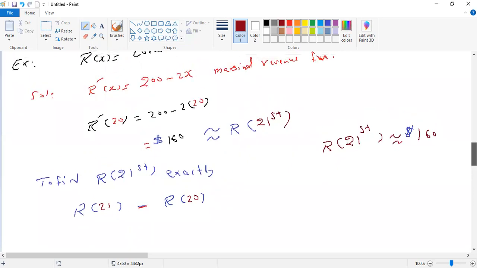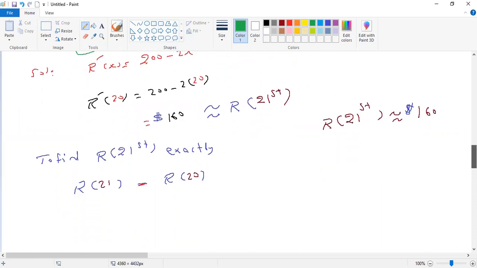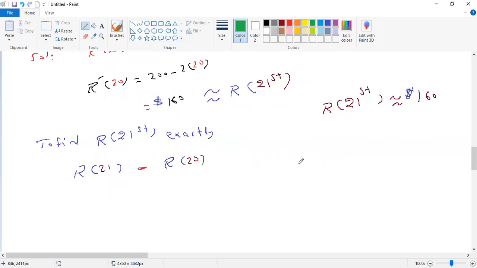Now what is R of 21? This is the revenue. We have to replace x with 21 and with 20. Now, write R of x again: R of x is 200x minus x squared.